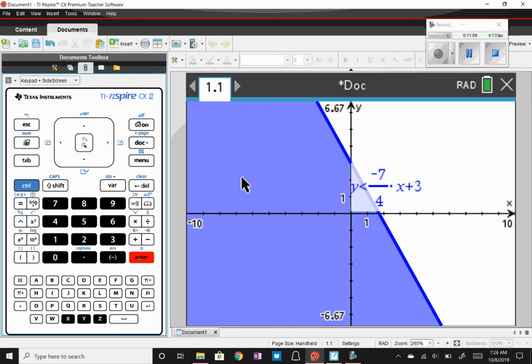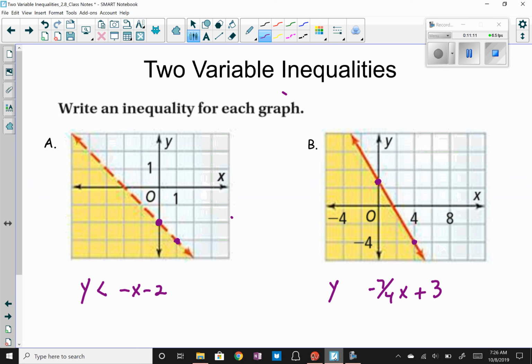Okay, let's compare that to what they have. They have shading on the same side, so less than would be our symbol.